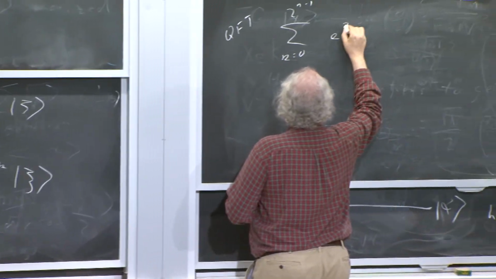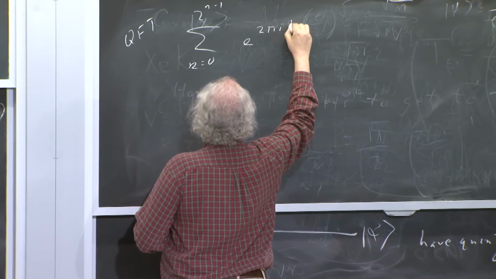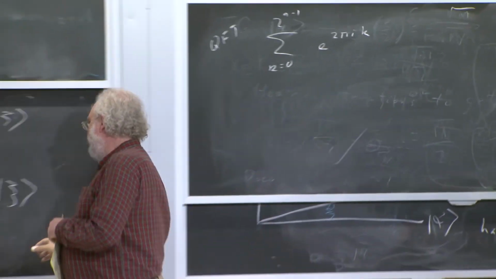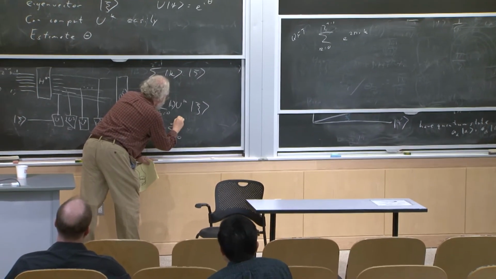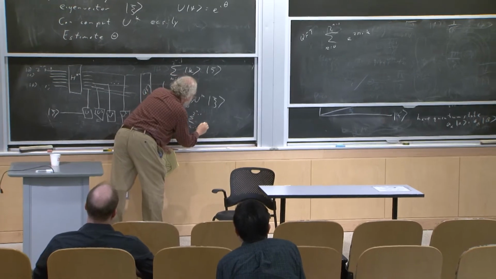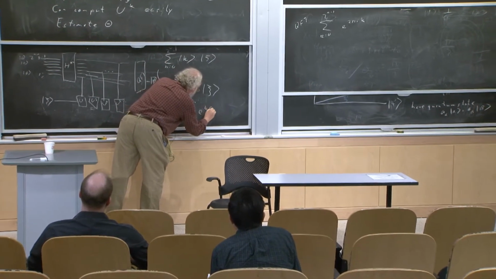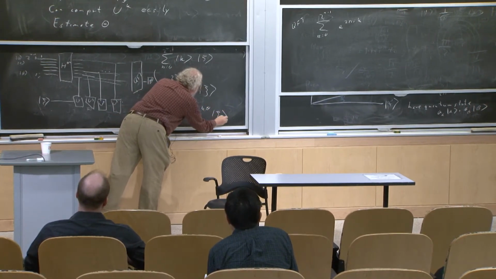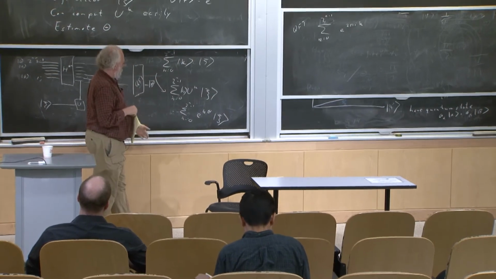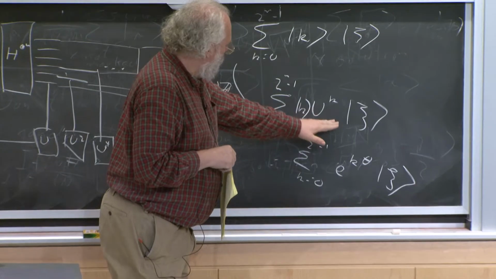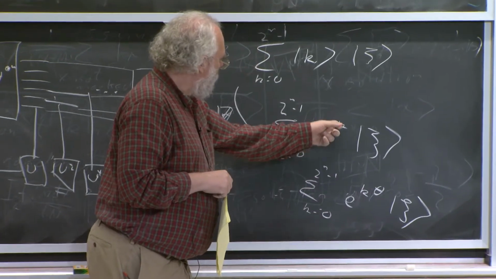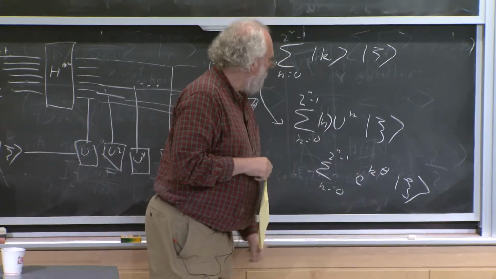So this, of course, is just the summation over k equals 0 to 2 to the n minus 1 of e to the i k theta times psi, because each U rotates it by theta, so U to the k rotates it by e to the i k theta.